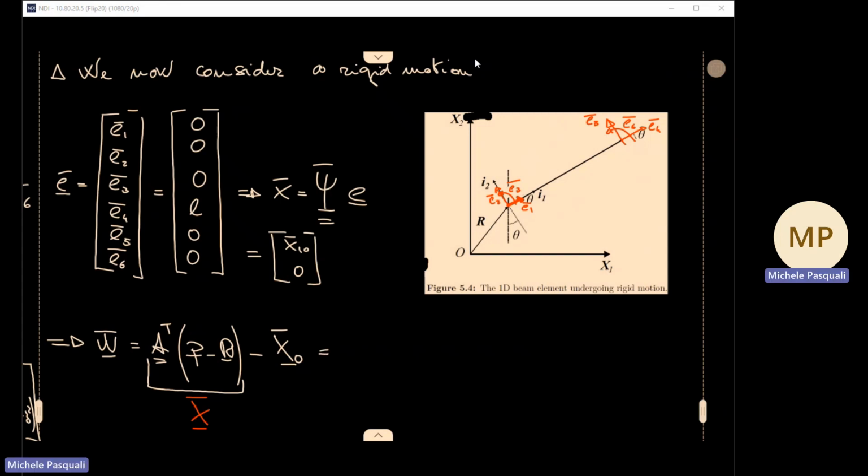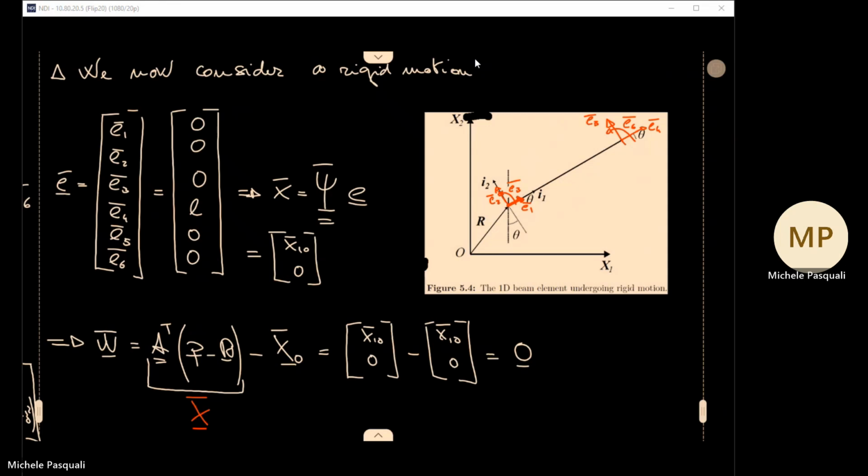How much is this? Well, this one we already got. X0 is the same as before. And the result is 0. Okay. So what does it mean?